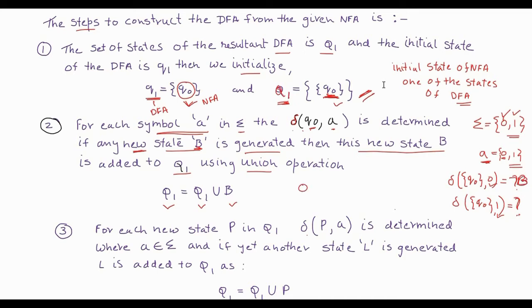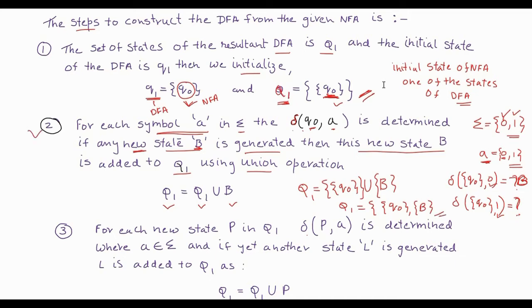Then Q1 will be the old Q1, which contained only the initial state Q naught, union this B that we have found just now. As a result, Q1 will now have two states: one is Q naught and the second state is B. So this is the second step.